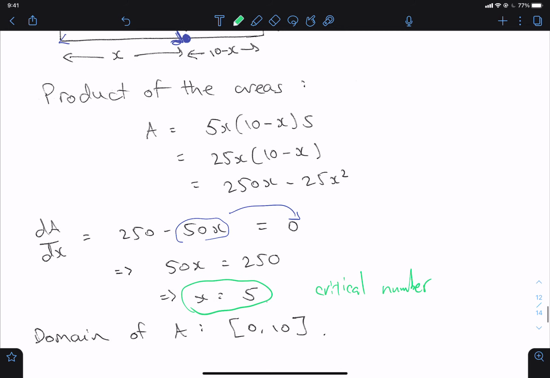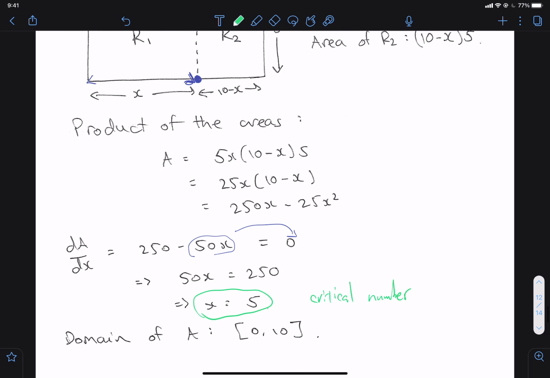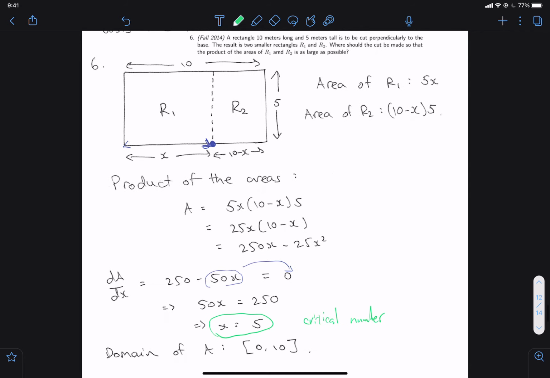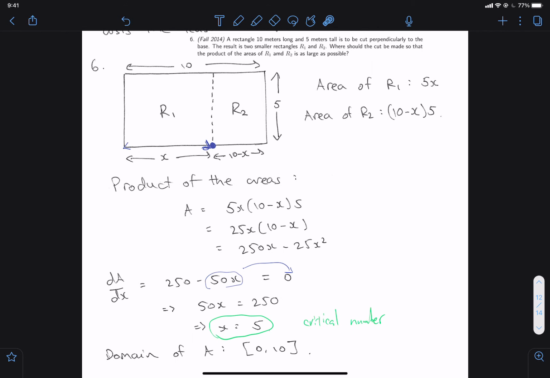After we have the critical number, we're going to consider the domain of this function. That goes back to the construction of the two rectangles here, the cut. So we can cut it here, cut it there. The smallest value of x can be 0 once you cut it at the very left end.